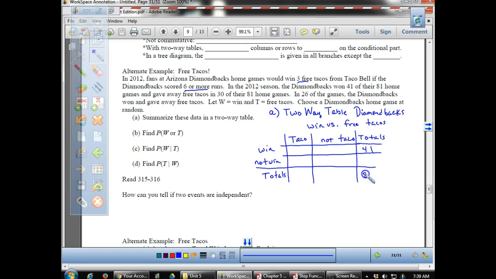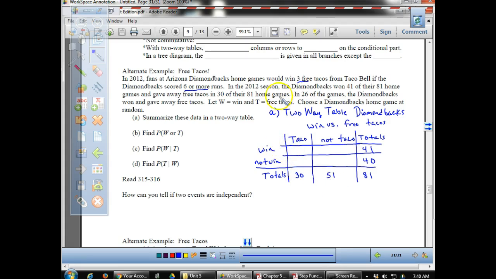And that means out of 81, they must have lost 40. And gave away free tacos in 30 of their 81 home games. So they gave away free tacos in 30. Okay, and that means they didn't give away tacos in 51 of their home games.